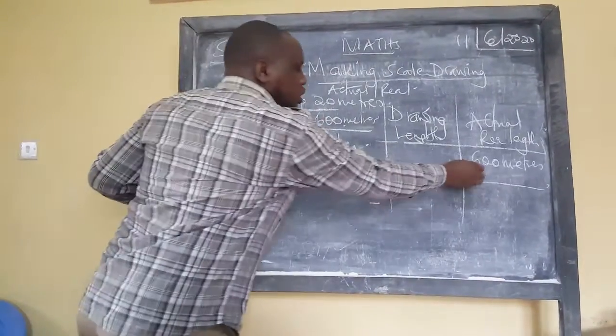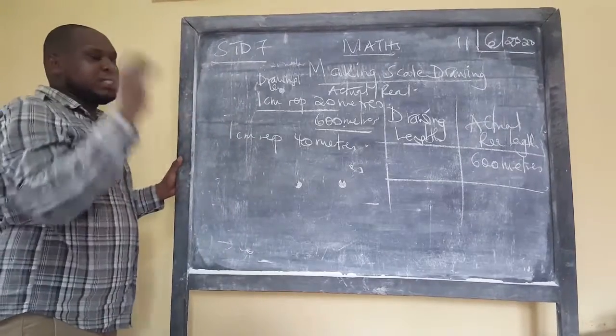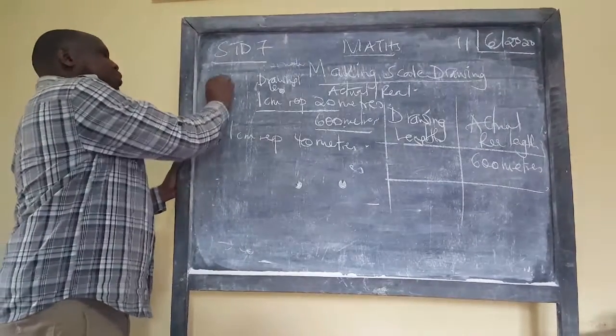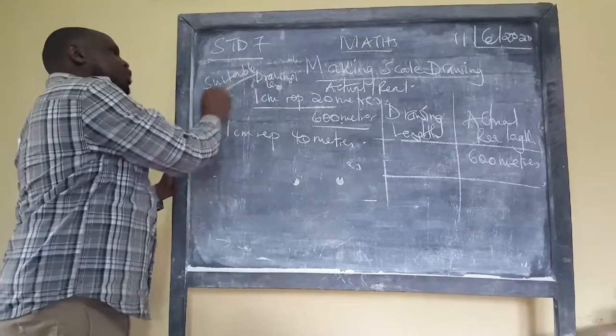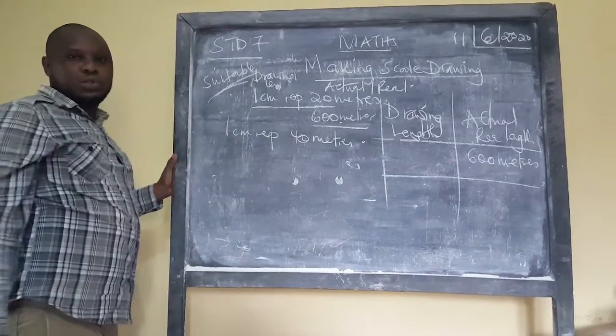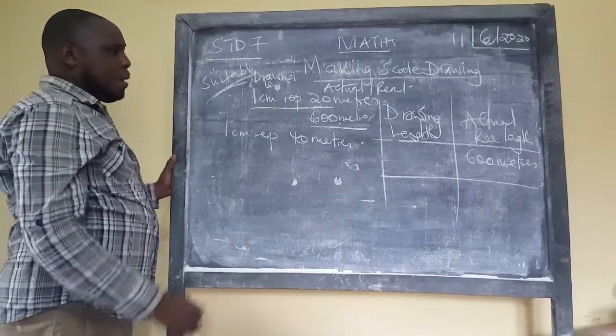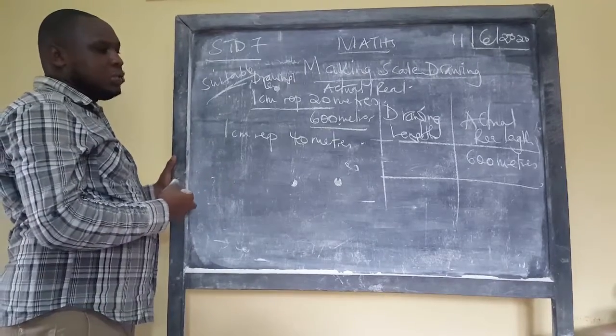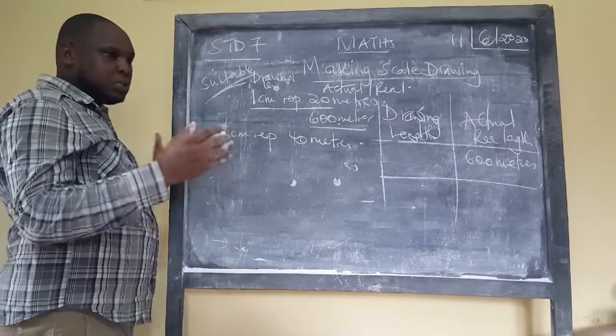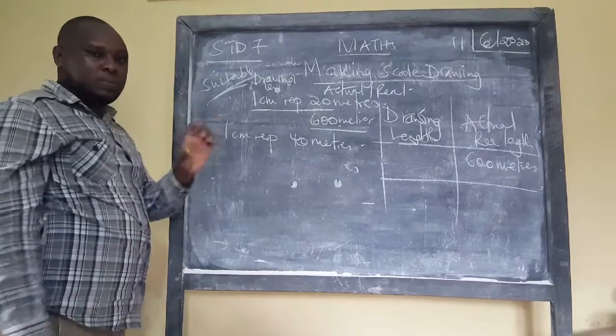Our real length does not change, but it is for us to choose a suitable scale that will enable you to draw exactly what you're supposed to draw. But you don't use a big space, you just use at least 3/4 of the space provided.